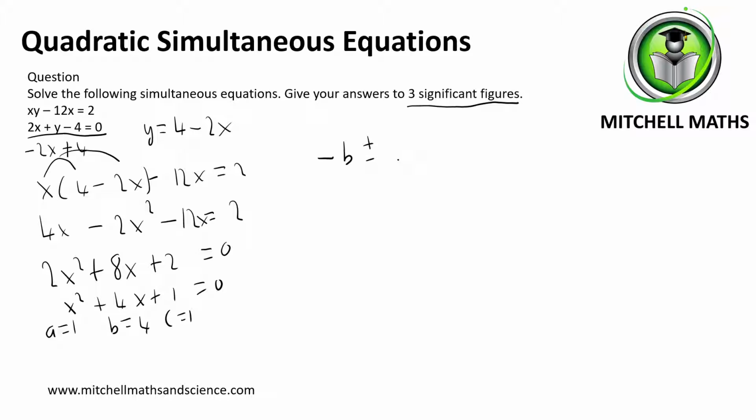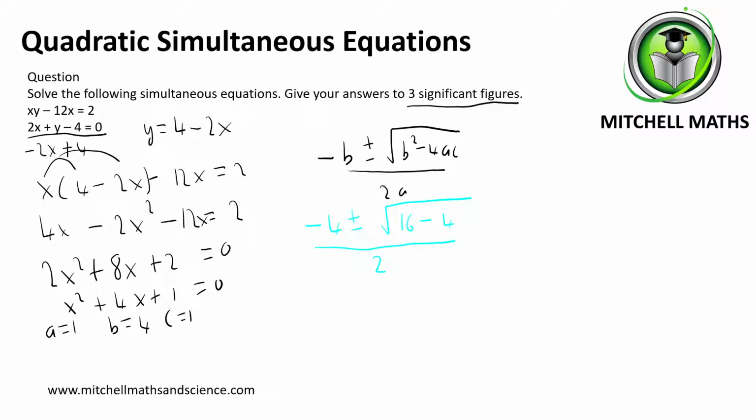The formula is minus b plus or minus the square root of b squared minus 4ac, all over 2a. So I'm going to substitute my numbers in, which will give me minus 4 plus or minus the square root of 4 squared, which is 16, minus 4 times a, which is 1, times c, which is 1, all over 2 times 1, which is 2.